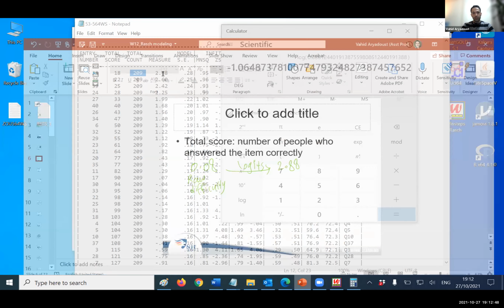In the same way, you can, for example, convert this one. Let's quickly do that as well. 22 divided by 209 equals almost 0.10.